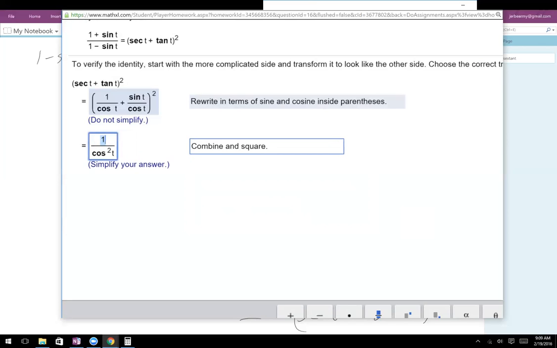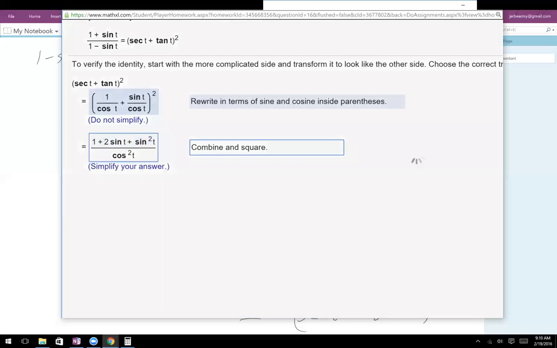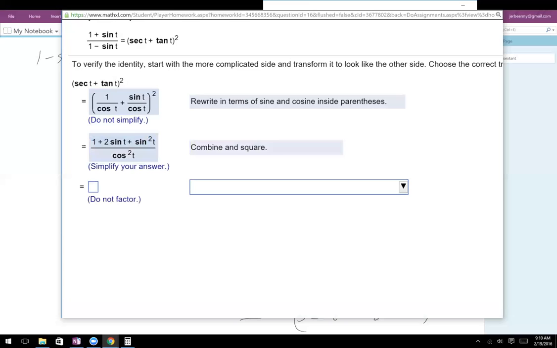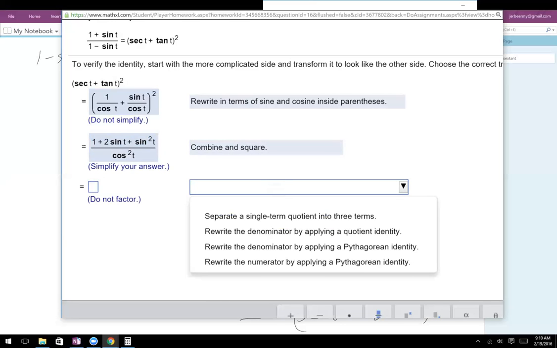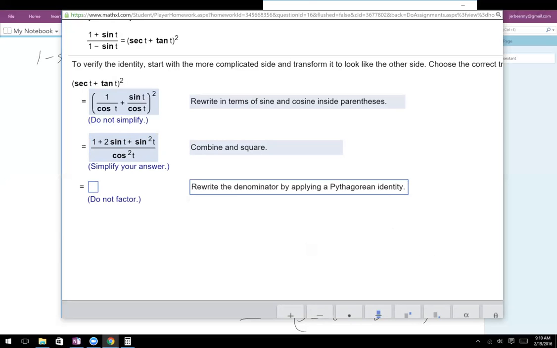Okay, so whenever we get to this test, keep your scratch work or something, and I will check it because this is ridiculous. Okay. And now we're going to rewrite the bottom using the Pythagorean identity.